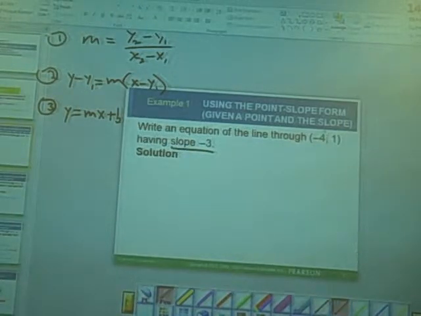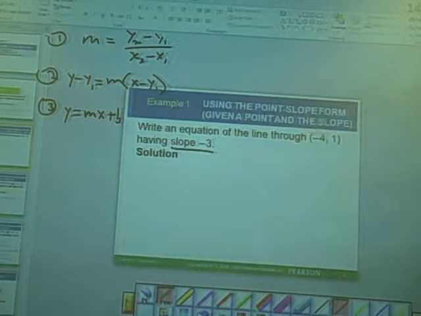Now here, it helps to write x1, y1. I'll write it underneath, x1, y1 for your point. And we're going to put it into your point slope equation.